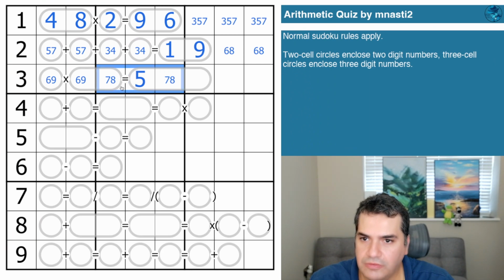These are not 5. This is 7 and 8. This is 6 and 9. These are now 1, 2, and 4. We've got likely an even digit in here. I don't know if the 1 is even possible.